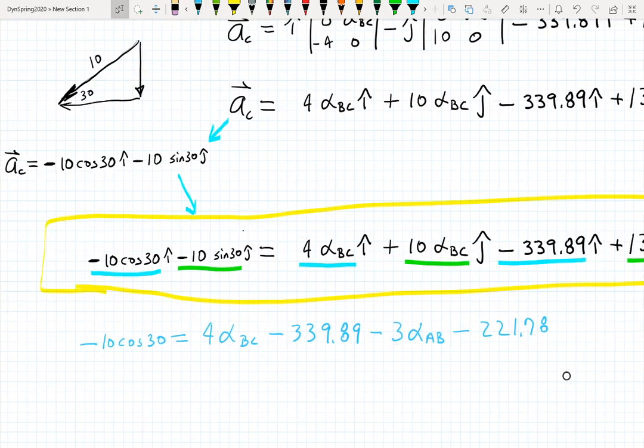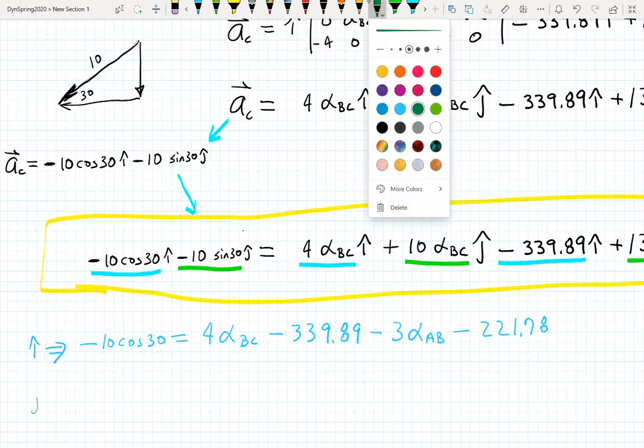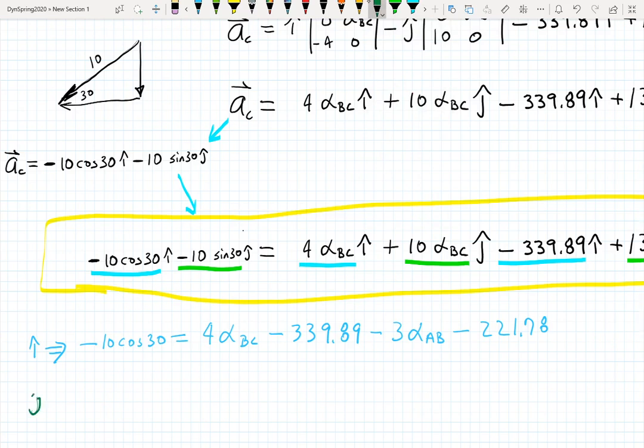This is the i equation, by the way, the blue equation. Okay, let's try to see if I can adjust that too. So the j equation. Oops, sorry about that.